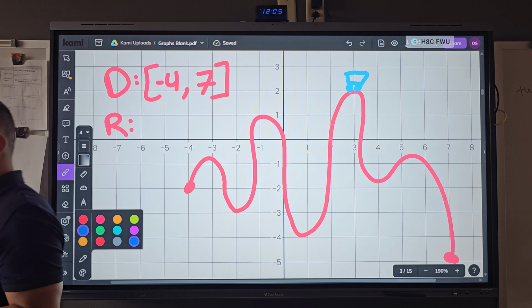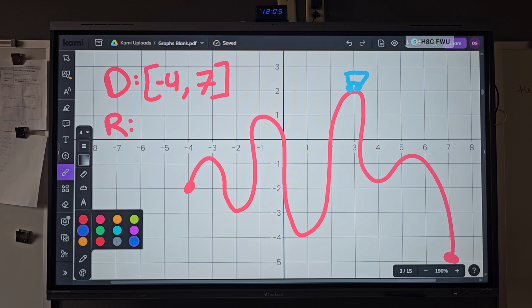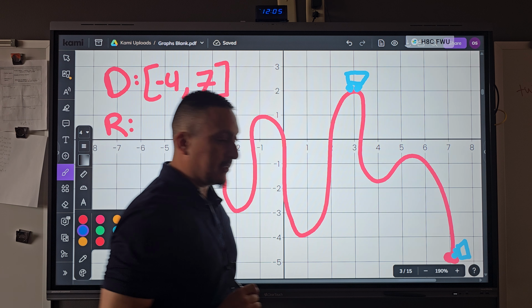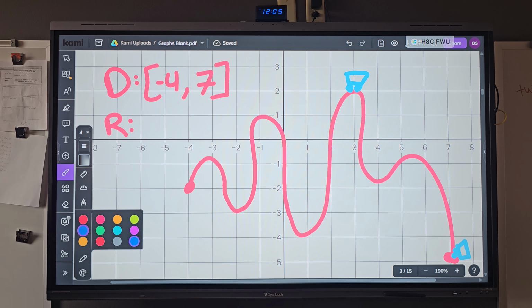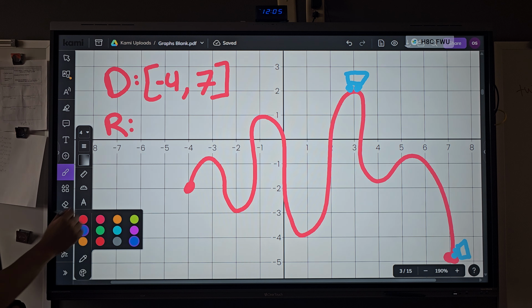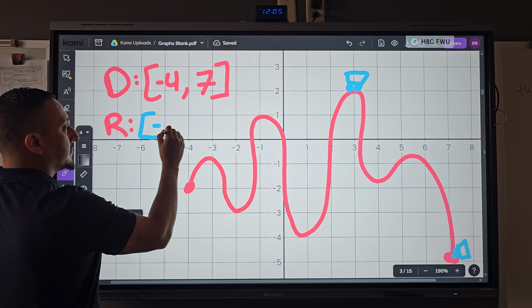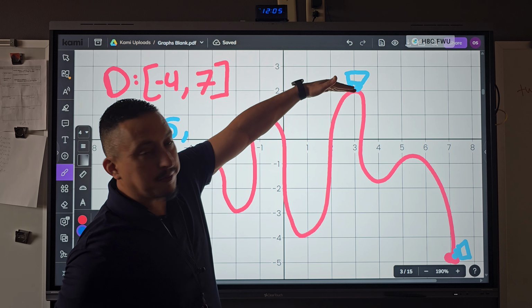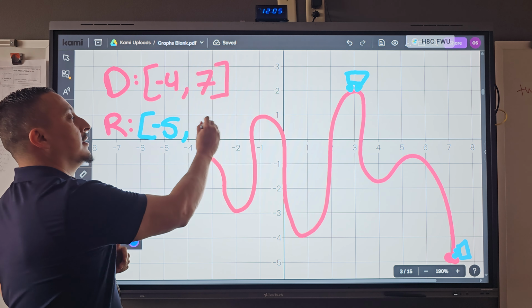If that's a roller coaster cart on this thing, what's the lowest part that it can reach? Yeah, right here. See, it doesn't have to do with touching, it has to do with how far it can go. Okay, so -5. And the highest? 2, right? I drew it up here. That's the highest point, right? If this was a roller coaster.